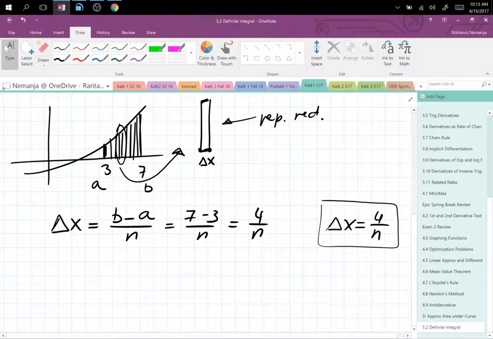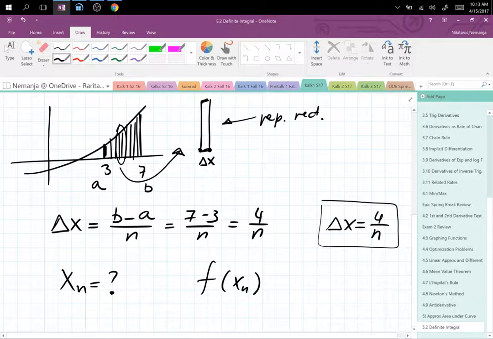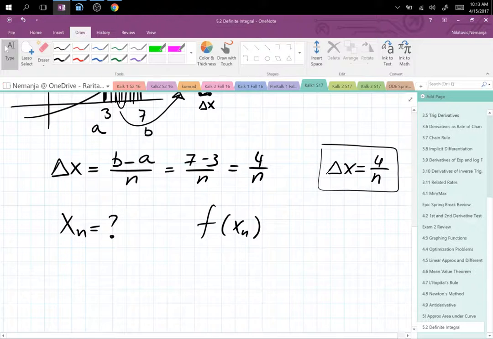Now I have to figure out all of the values that go into a function. So how would I do that? What is the x_n equal to so that I can create those f of x_n? This is a subscript. This is x0, x1, x2, x3, x4, x5, so that I can eventually have this. Now, what is this x_n?